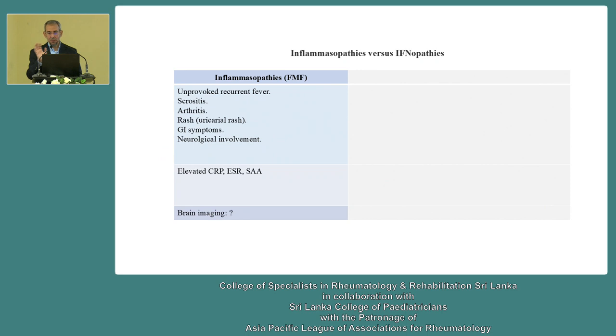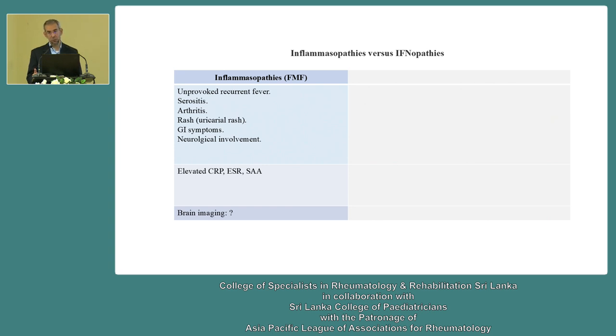Let me just conduct a quick comparison between the classic systemic autoinflammatory disease and the new autoinflammatory disease. We'll take FMF as an example of an inflammasome or interleukin-1 related disease. Typically, they have unprovoked recurrent fever. They present with serositis, arthritis, and rash. It can be an urticarial rash or an erysipelas-like rash. They have GI symptoms because of the serositis.